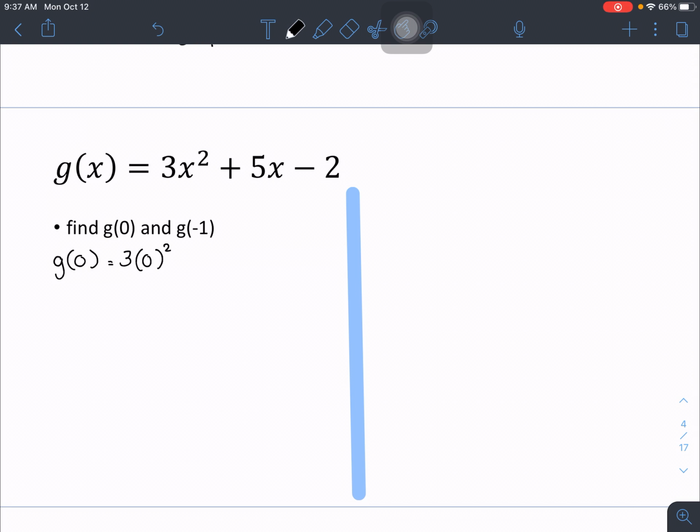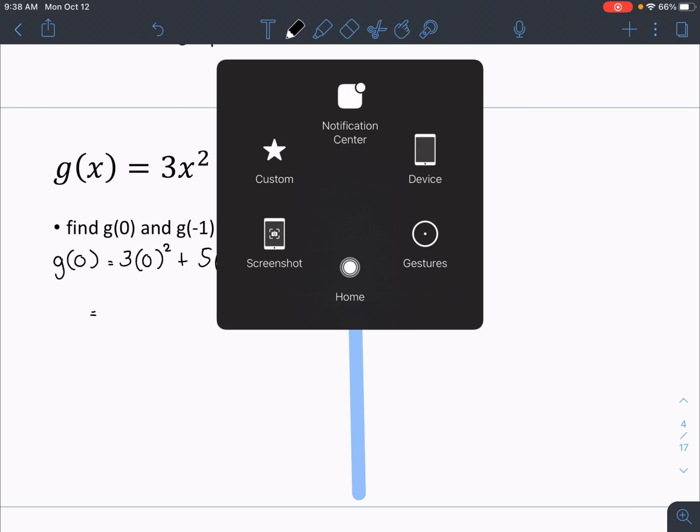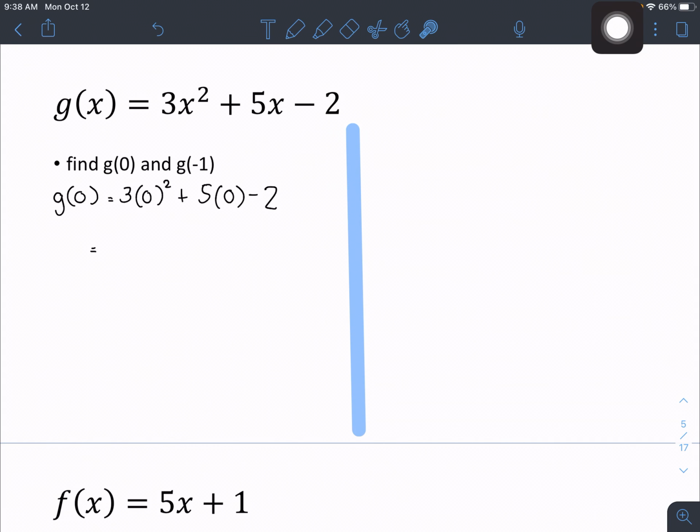So 3 times 0 squared plus 5 multiplied by 0, minus 2. 0 squared is equal to 0, multiplied by 3 is equal to 0. Plus 5 times 0 will be 0, minus 2. So this will be negative 2.